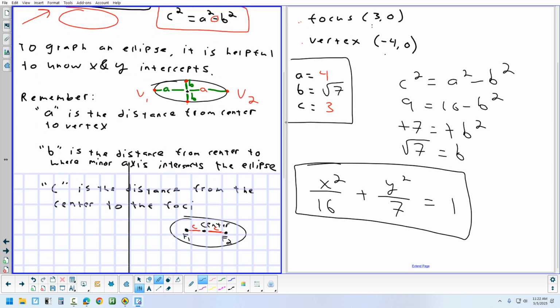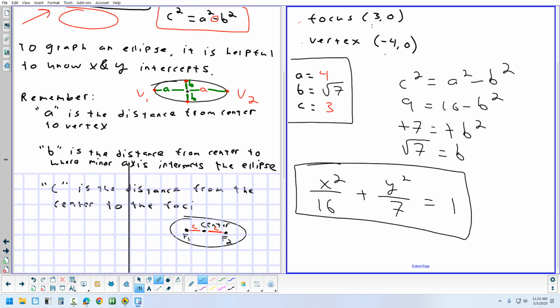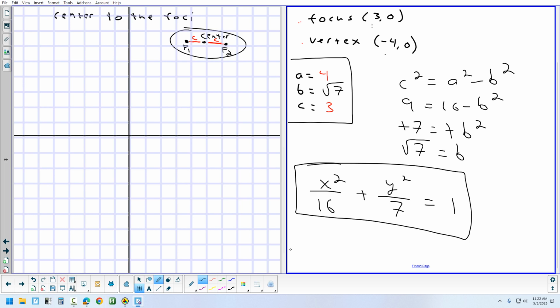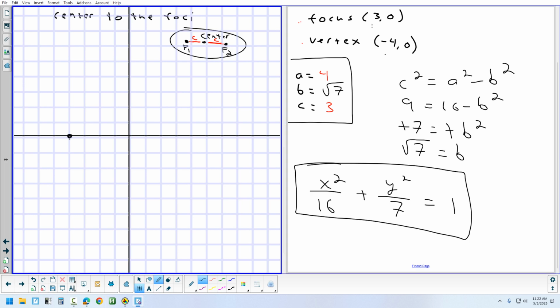We have a vertex at -4, 0. Where else do you automatically have another vertex? They come in pairs. And the length of your ellipse, I gave you a formula for that, it's 2a. So it should be 8 units long.